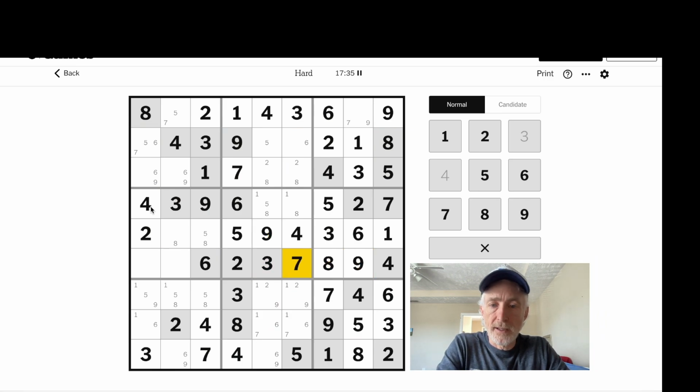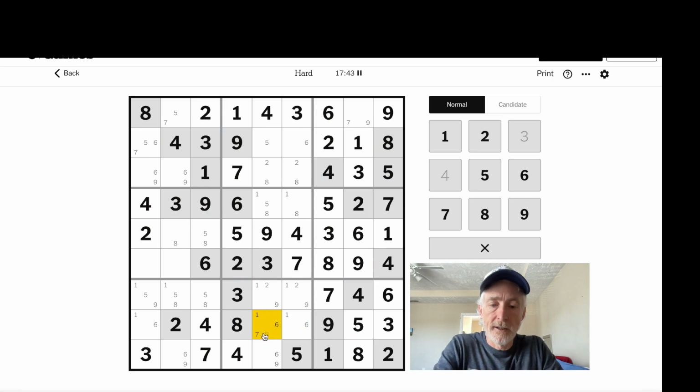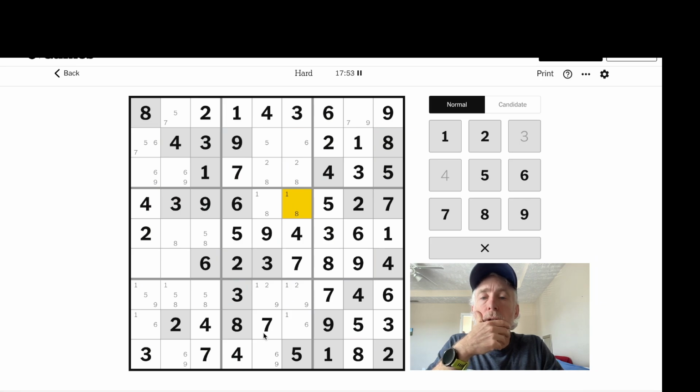9, 7, seems like we're on our way now. So 7 in this box has to be right here. This can't be 5, this is a 1, 8. This is a pair, this is a 5, 6.